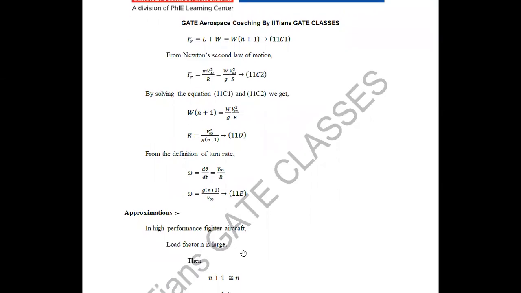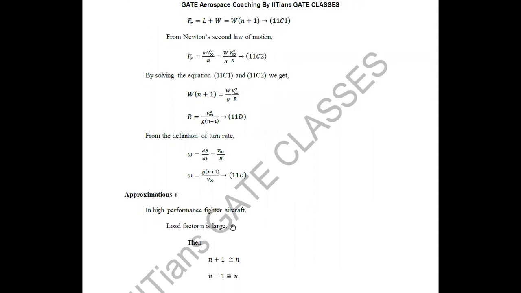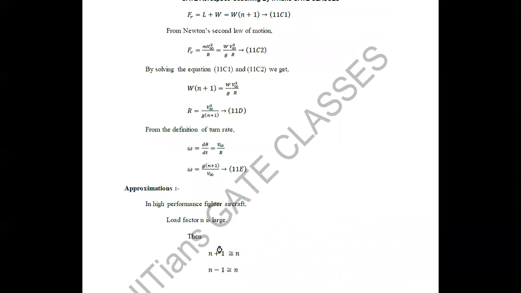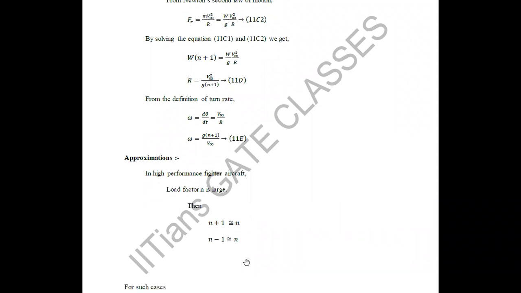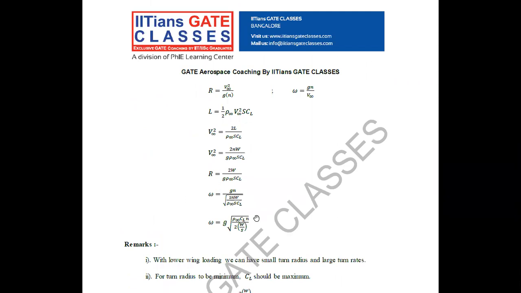Let us assume that we are in a high performance fighter aircraft, where load factor is very, very large. When load factor is very large, we can assume that n plus 1 is approximately equal to n and n minus 1 is approximately equal to n. For such cases, the radius of turn is r equals V squared by g into n, and turn rate becomes g into n by V infinity.